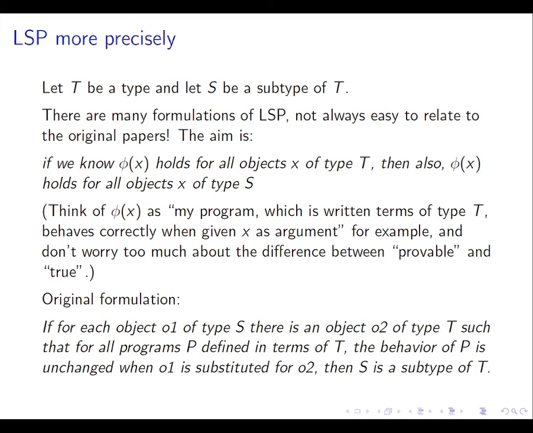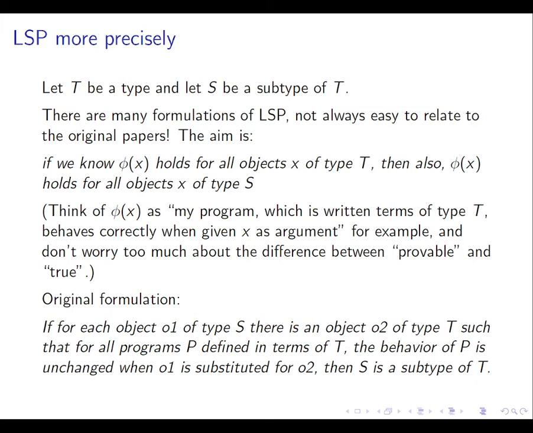Now, the original formulation, which is what ensures this, is to say: for any object of the subtype there is some object of the type such that for all programs P that are defined in terms of the original type, the base type, the behavior of P is unchanged when the original object is replaced by the object we were trying to find a substitution for.